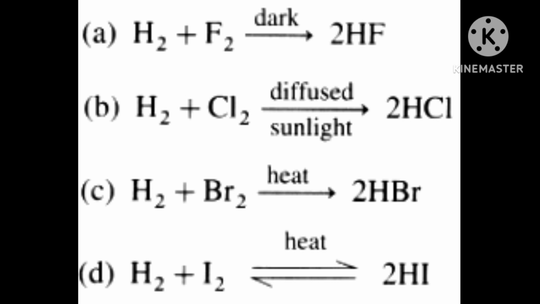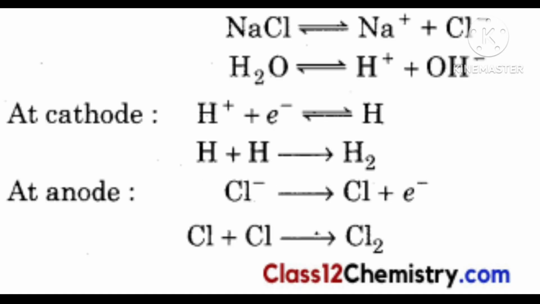Now I am talking about stability. The stability of these halides decreases down the group due to decrease in bond dissociation enthalpy. The H-X bond is there, then the bond breaks. What is the order of stability?